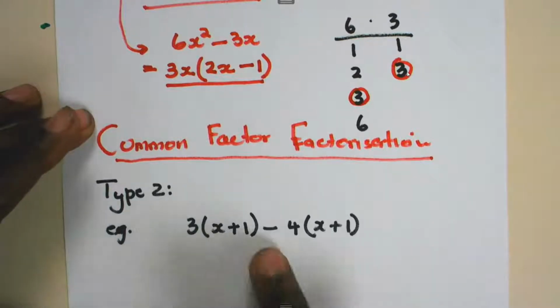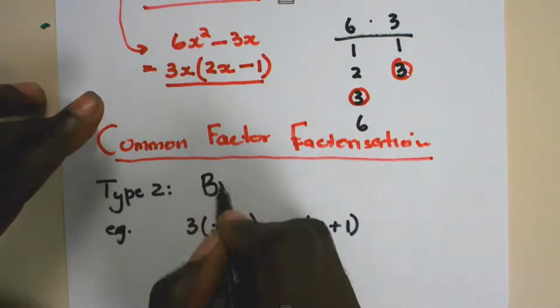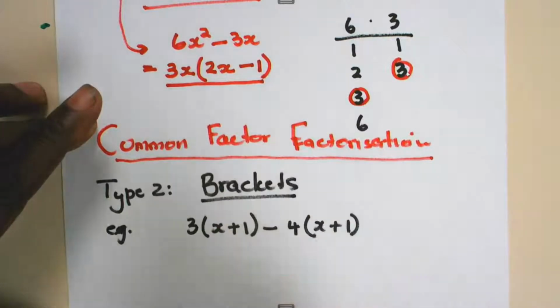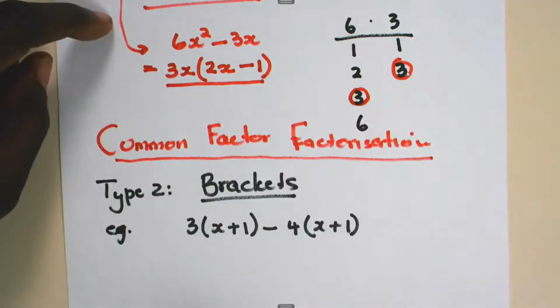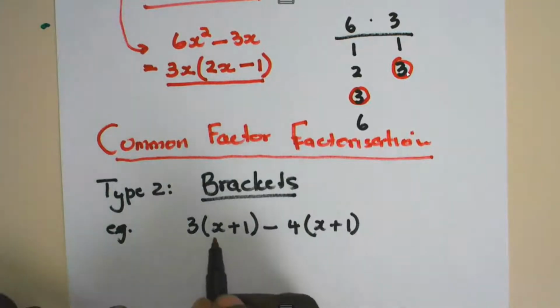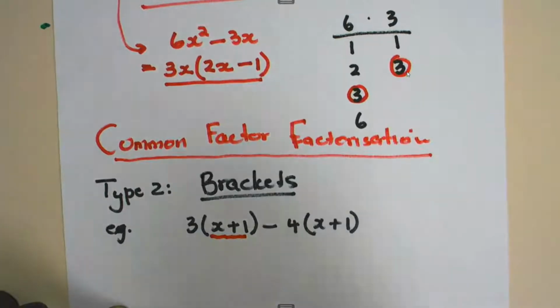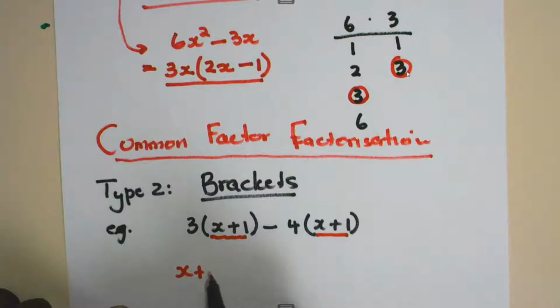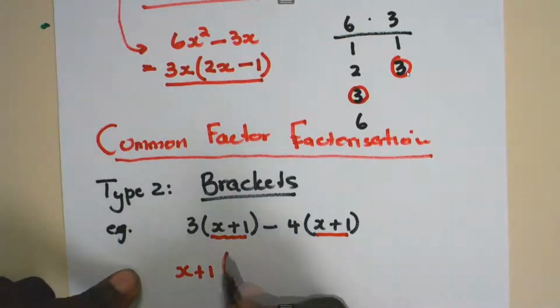It has brackets, that's why we have a bracket. It's another type of factorization. Now look at this one. We find that x plus 1 and this x plus 1 is our common factor. We take it out. Then we put our bracket.